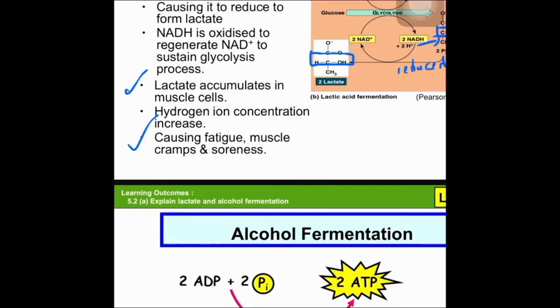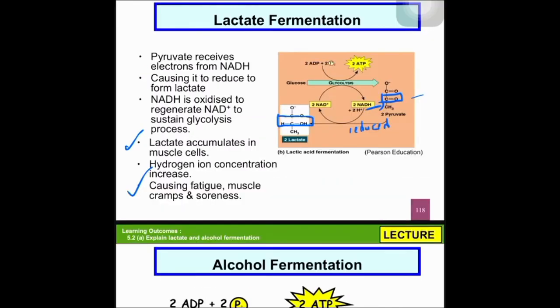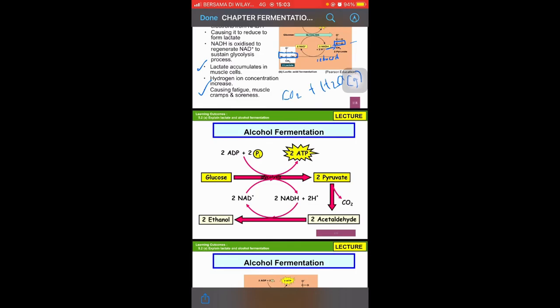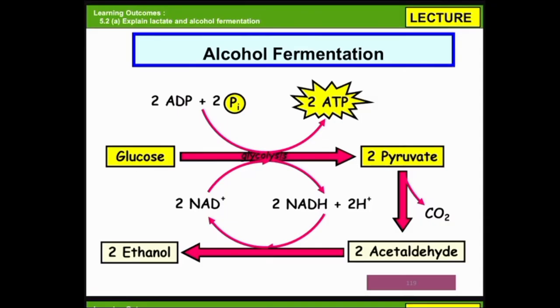Oksigen yang korang tarik nafas, korang masukkan oksigen dalam body korang tu, itu sebenarnya untuk memecahkan lactate tu menjadi carbon dioxide plus water.